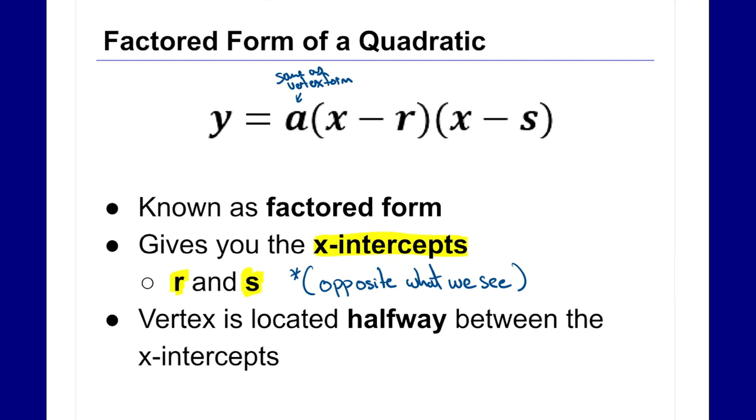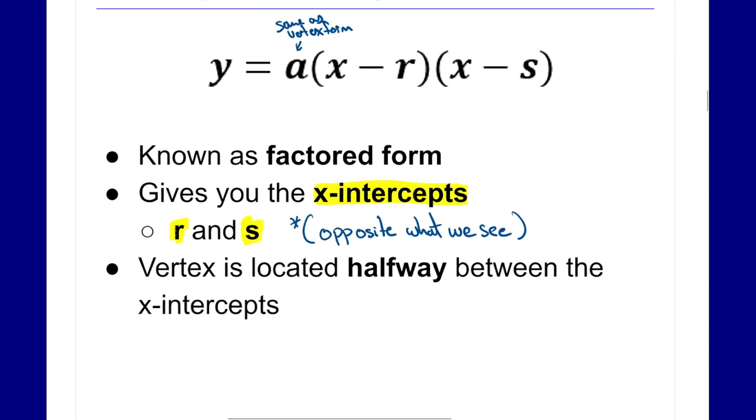Now, having the x-intercepts is helpful, right? Because when we start looking at applications, it will give us a key piece of information, a different kind of information, or might give us a different application to it. But it also can help us find the vertex.